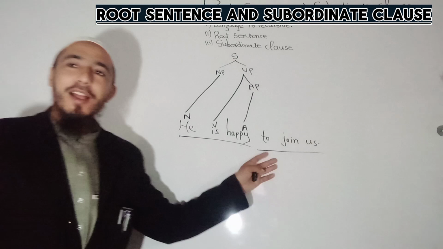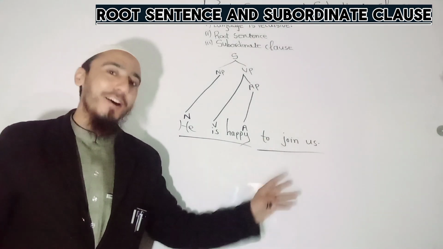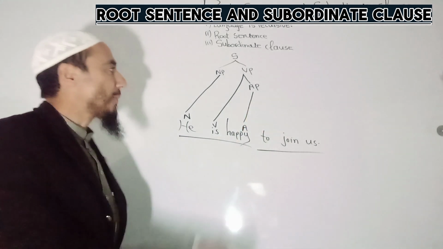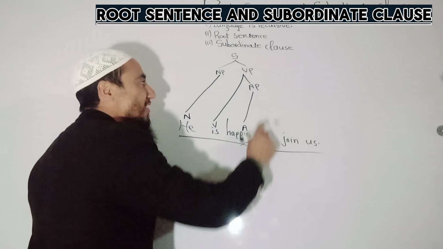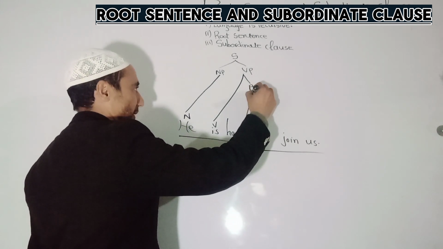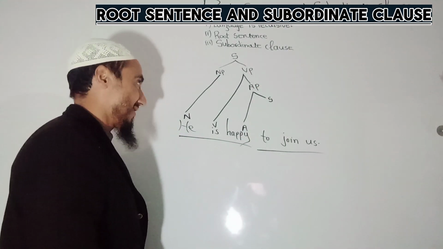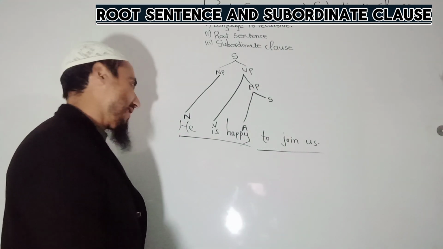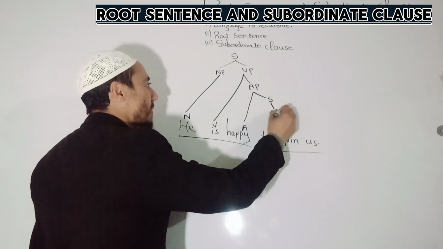So I told you that a subordinate clause also comes after what? After AP, adjective phrase. So here we are taking the string from AP, so we are writing here S, which means string or sentence. In the sentence, we are taking VP, verb phrase.